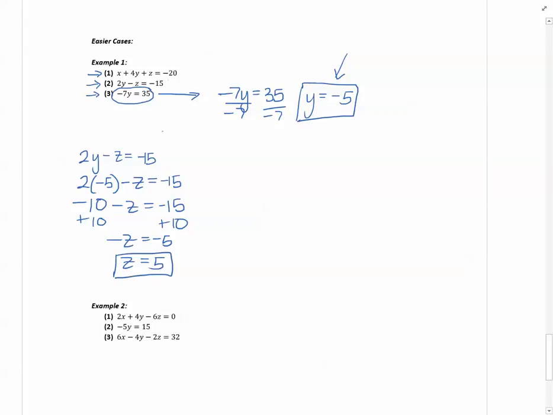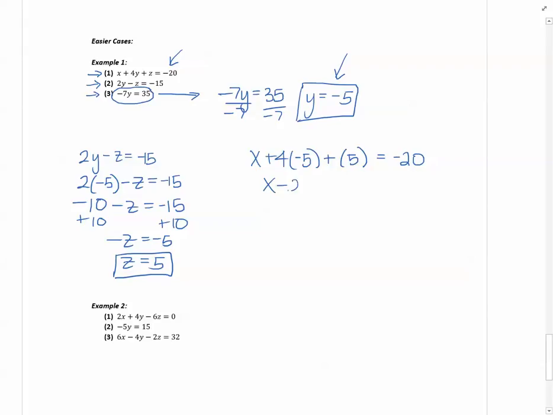So now I have y, I have z. Now I can go back to this top equation and plug those in to get x. So x plus 4 times y, which is negative 5, plus z, which is positive 5, equals negative 20.